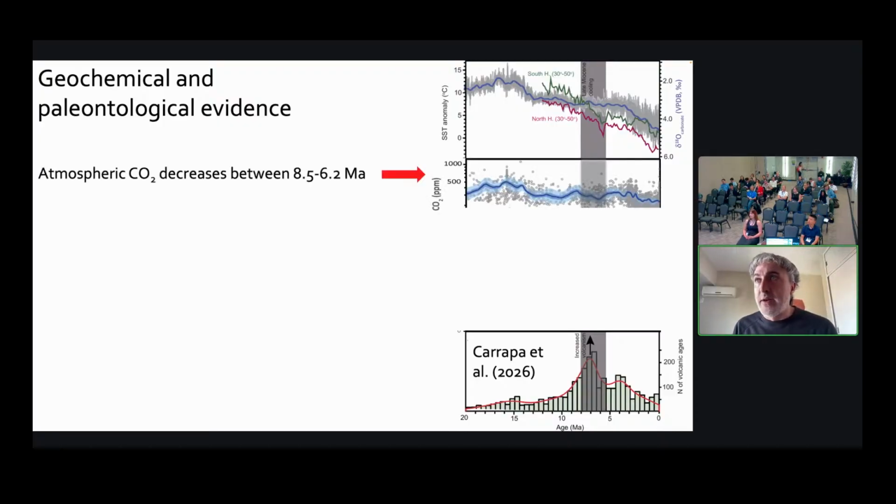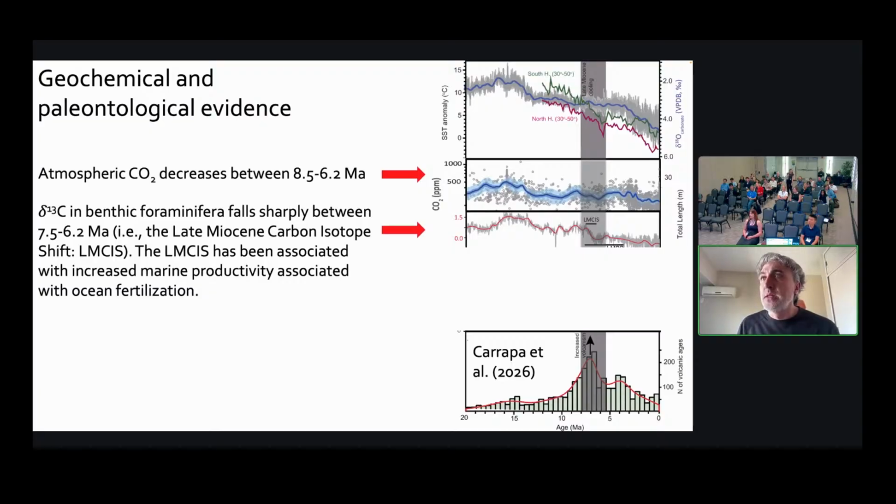First of all, we have atmospheric CO2 that decreases between 8.5 and 6.2 million years. And delta carbon-13 in benthic foraminifera falls quite a lot, between 7.5 and 6.2. This is the so-called late Miocene carbon isotope shift, the LMCIS, and it has been associated with increased ocean fertilization and productivity.